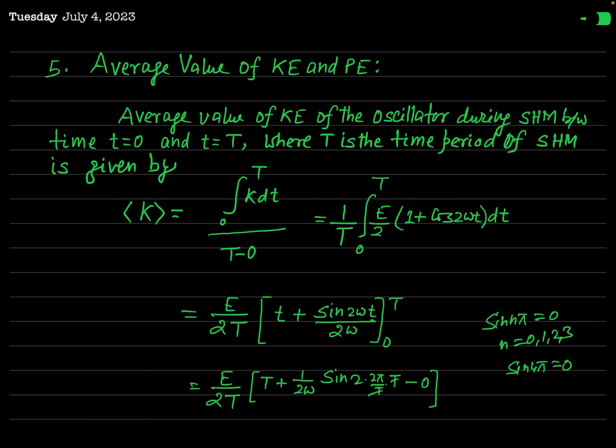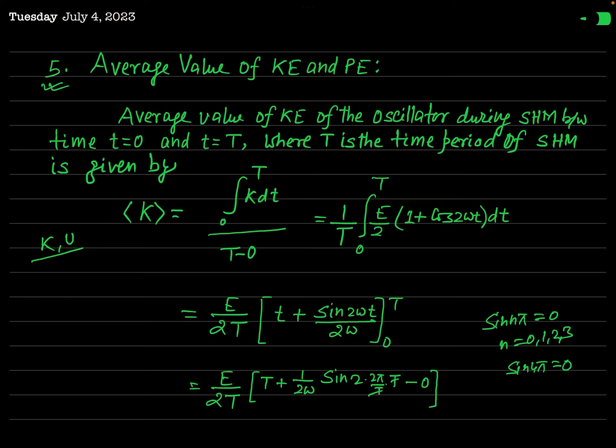Now we will talk about the average value of kinetic and potential energy. As you know, in physics and mathematics, we always talk about the average or mean value when a quantity varies. And you have seen in this lecture that both the kinetic energy and the potential energy vary with time. They are functions of time and position.